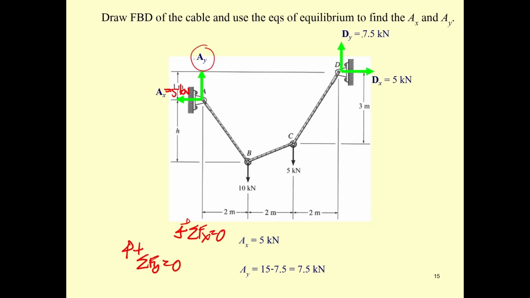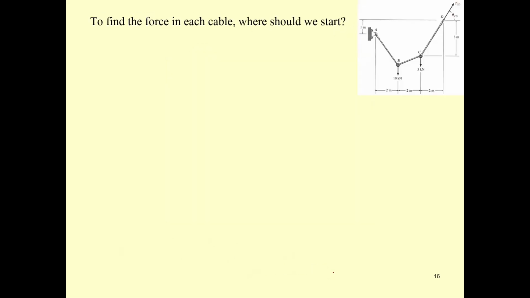So A sub y plus 7.5 equal to 10, and then plus 5, you get A sub y to be 7.5 kilonewton. That's going to be the reaction.